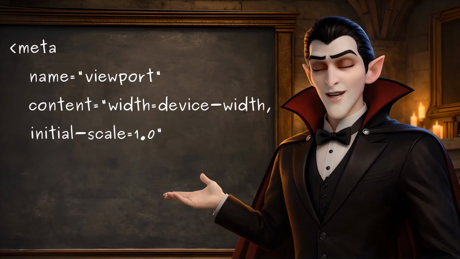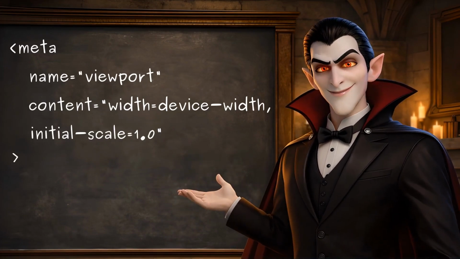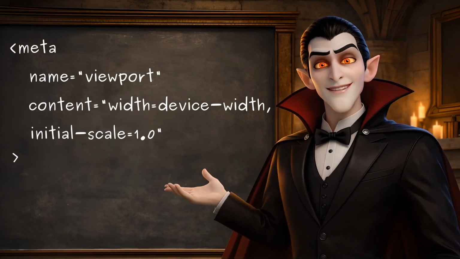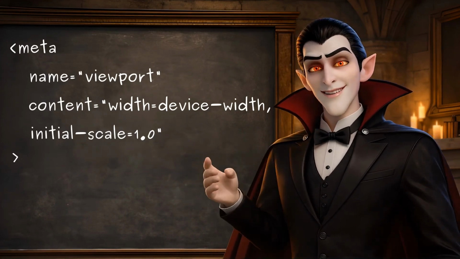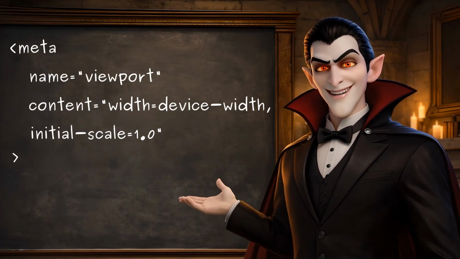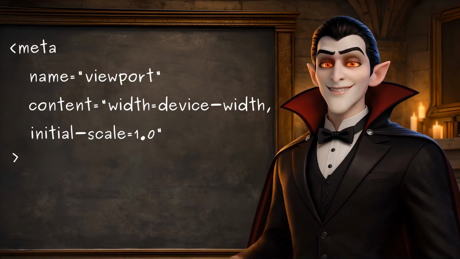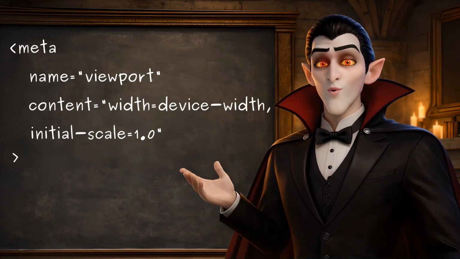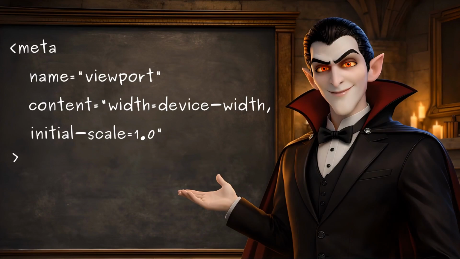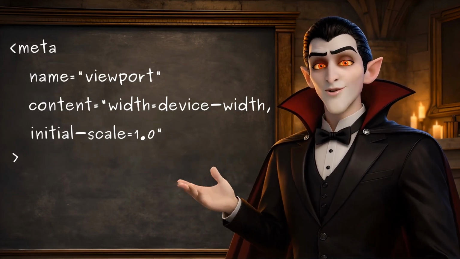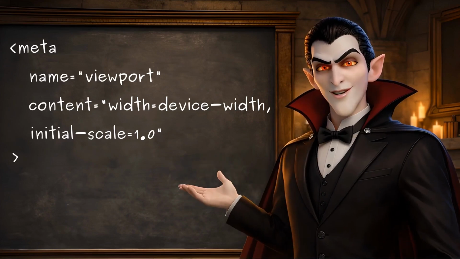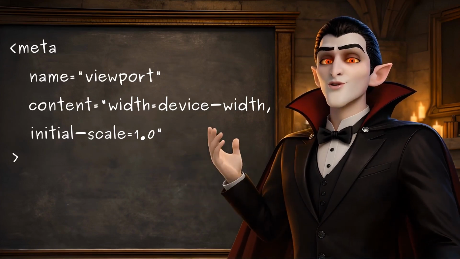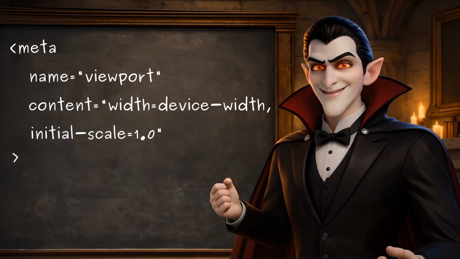Initial scale equals 1.0 means do not zoom in or out when the page first loads. In simple words, this meta tag makes our website look correct on mobile devices. Without this line, your website may look tiny on a phone, and we do not want that.